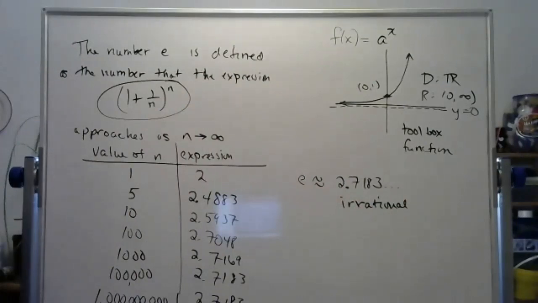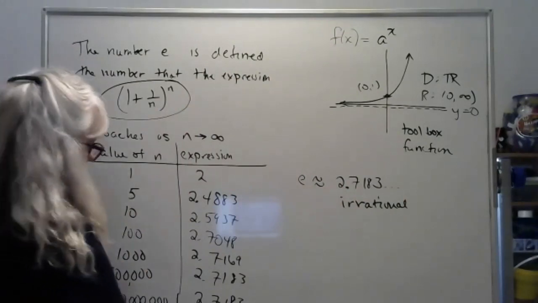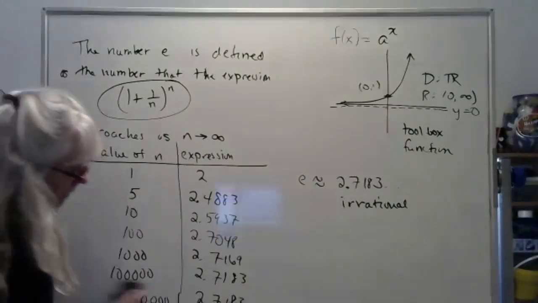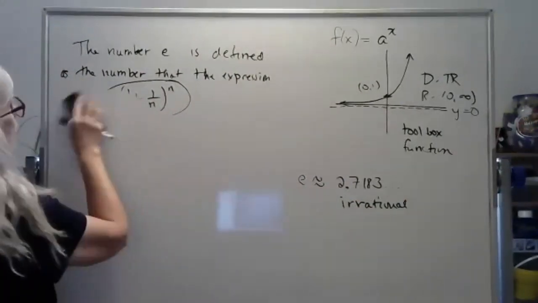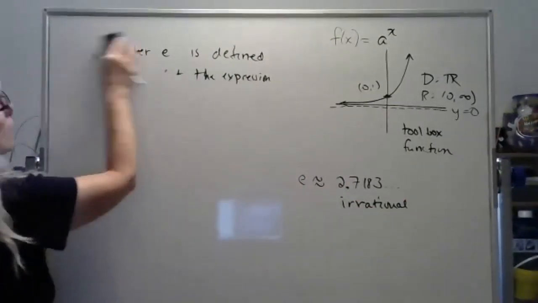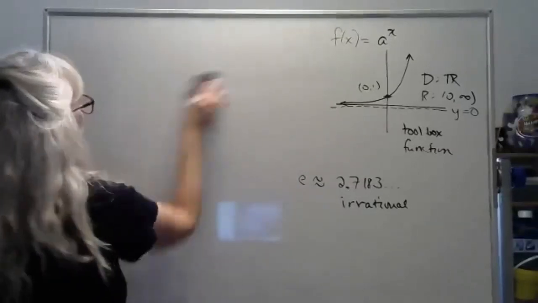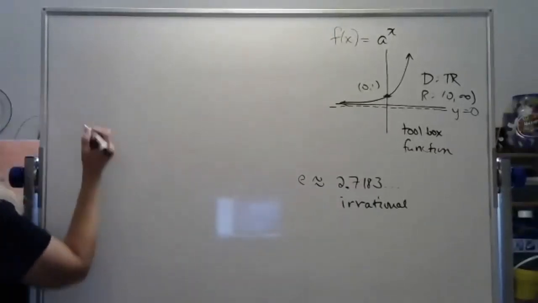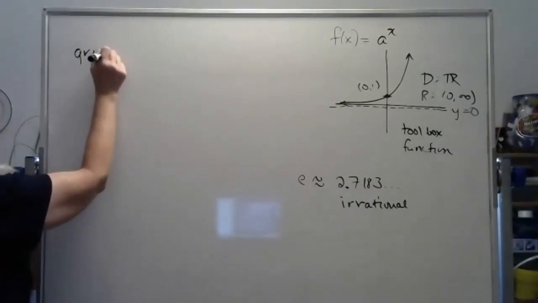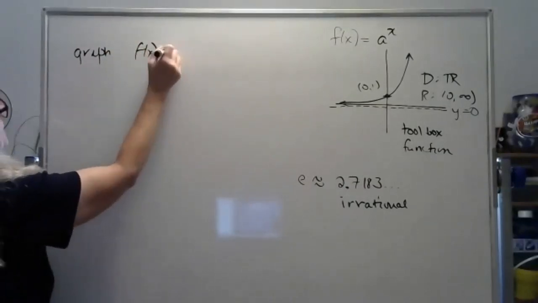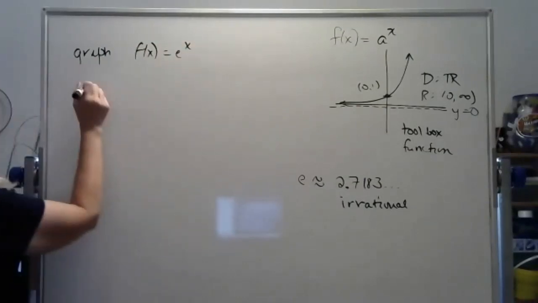Well, we're going to come in and do one more graph of an exponential function. So let's graph f of x equals e to the x.